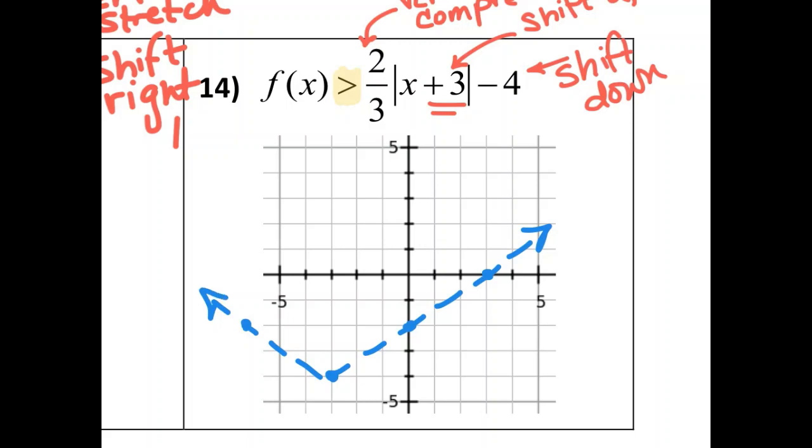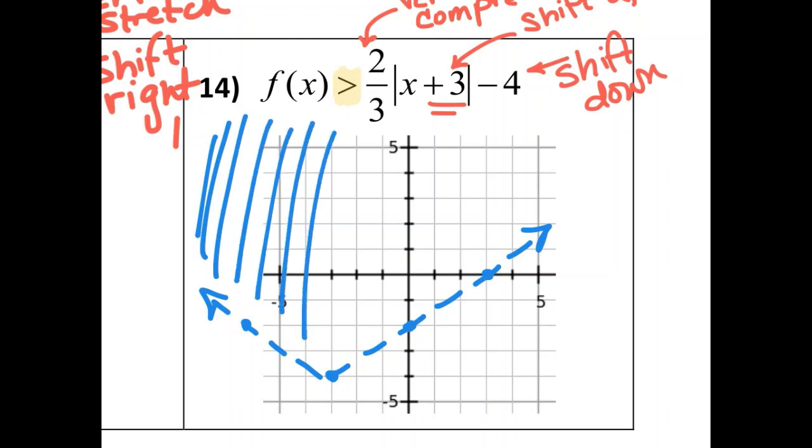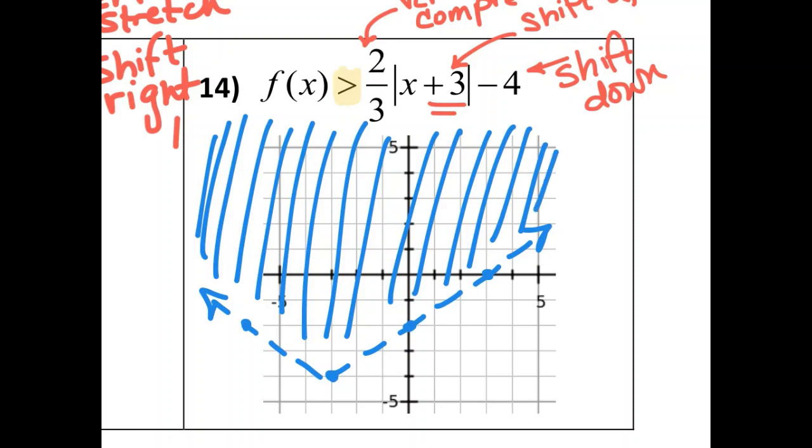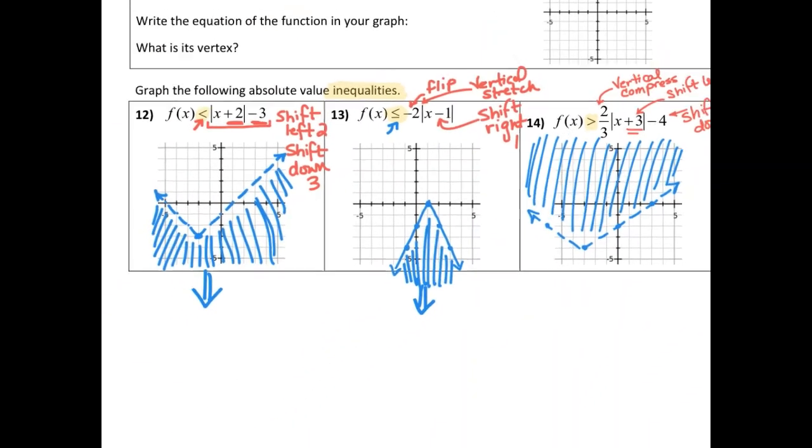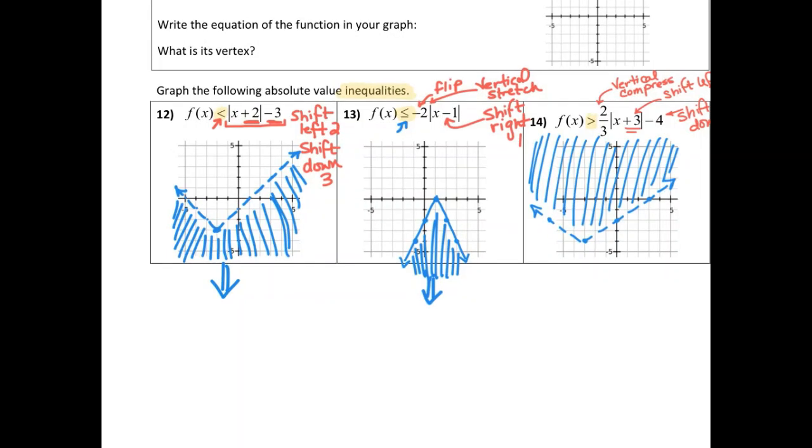Just remember that it should be V-shaped. And because it's greater than, the shading is going to be in an upward direction this time. Compare this greater than in number 14 to the two problems that had a less than in 12 and 13, and make sure you understand the difference in the shading.